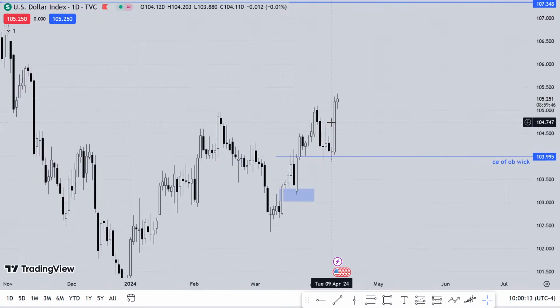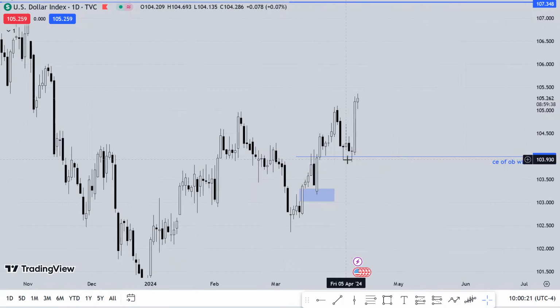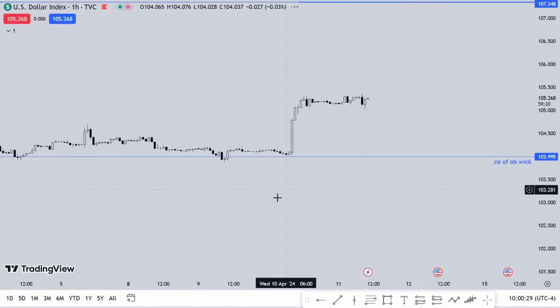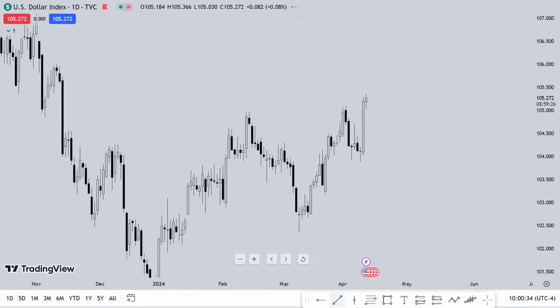So on Tuesday, we traded below this. We traded to the consequent encroachment of the other block week. Then on Wednesday, we rallied higher. We will be diving below the.